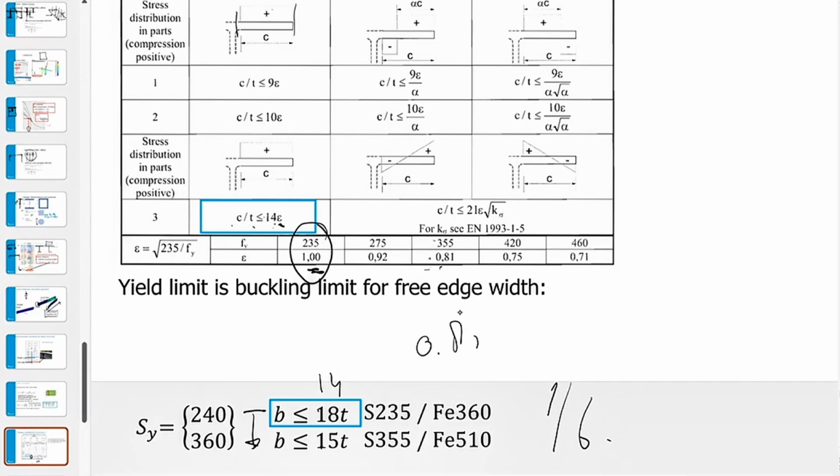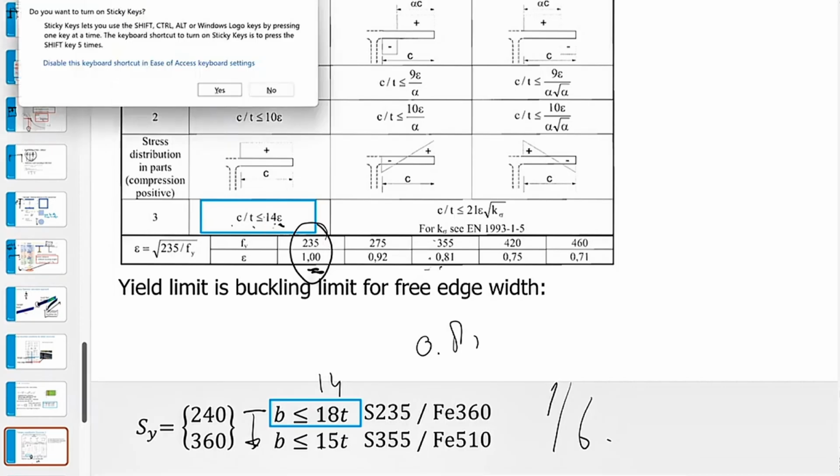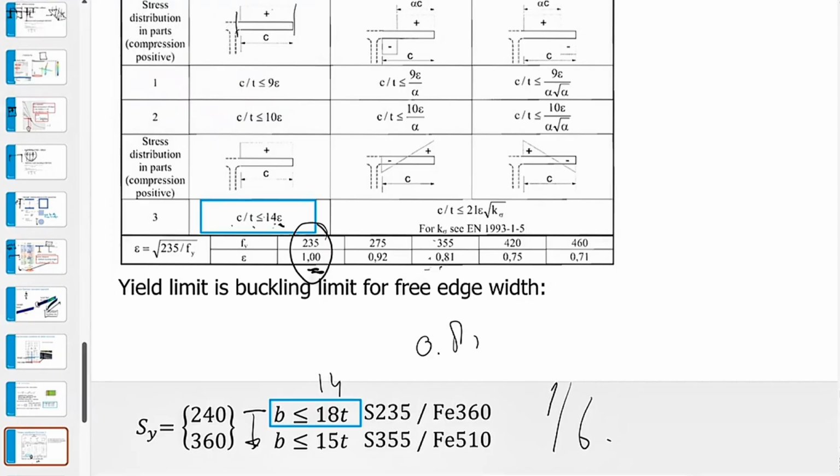That is, let's say, 1/6, 25%, something like that. That is quite similar. So 0.8 times 14 is minus almost 3. So then you have here 14 and here around 11.